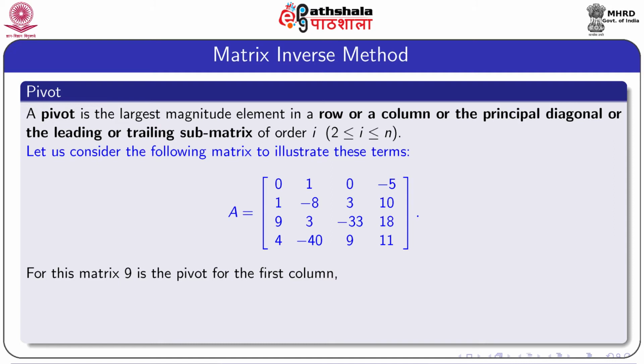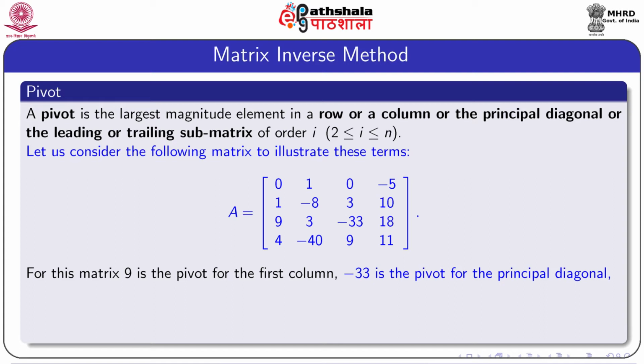Let us consider the following matrix to illustrate these terms. For this matrix, 9 is the pivot for the first column. Note that the maximum element among the elements of the first column is 9. Minus 33 is the pivot for the principal diagonal. Note that the maximum magnitude element among the diagonal elements 0, minus 8, minus 33 and 11 is minus 33.